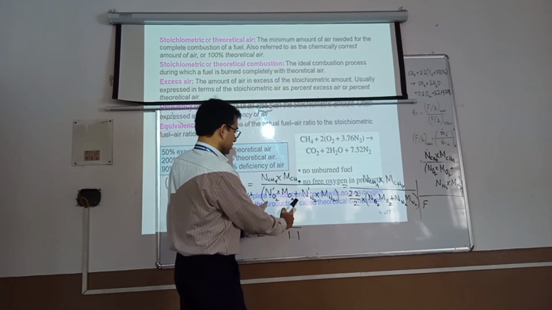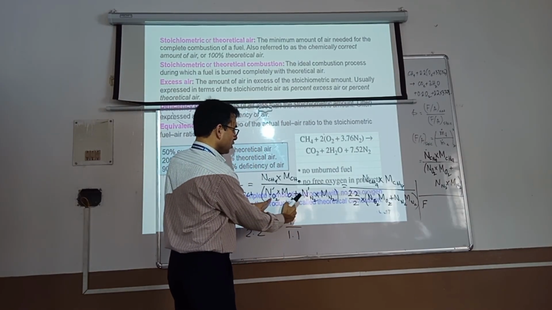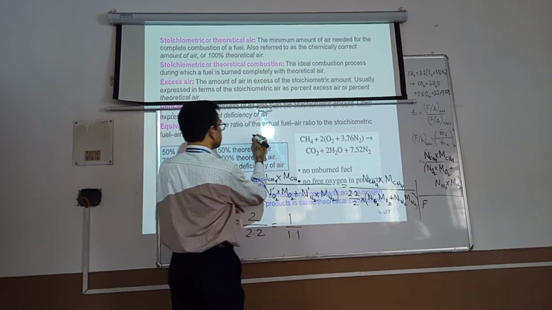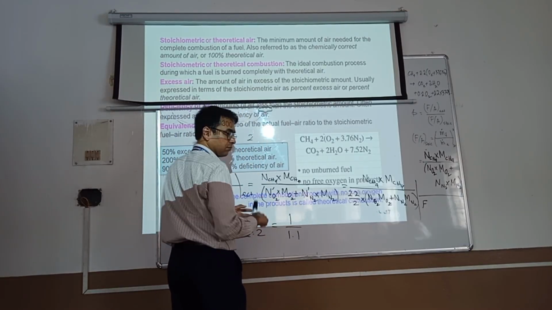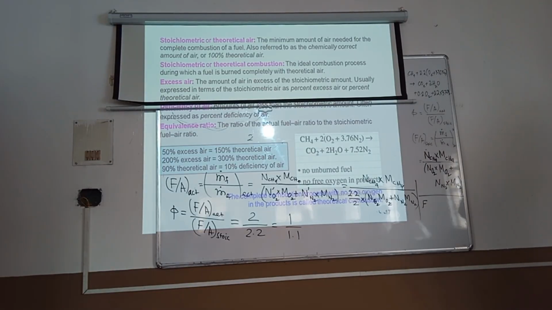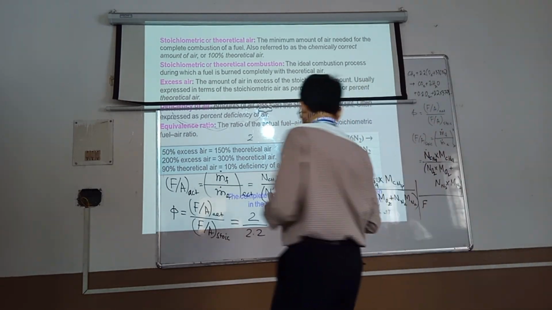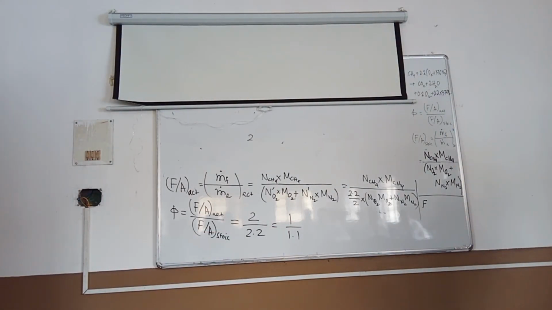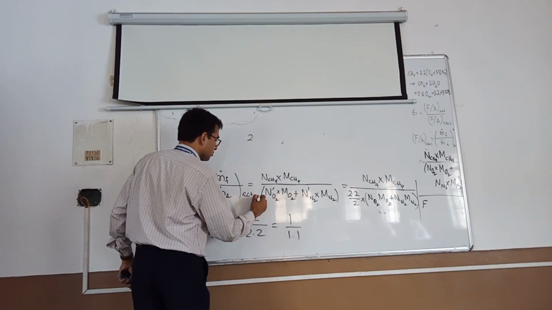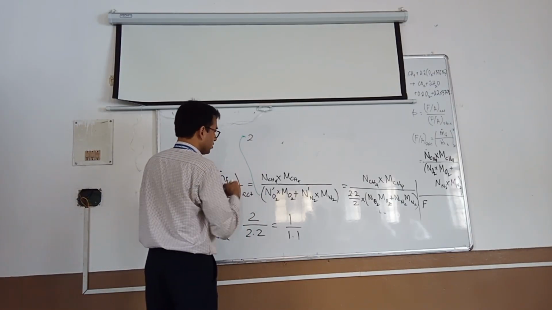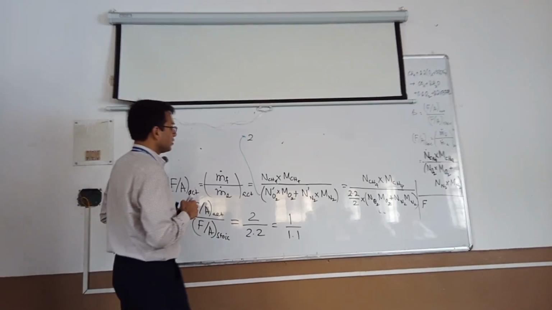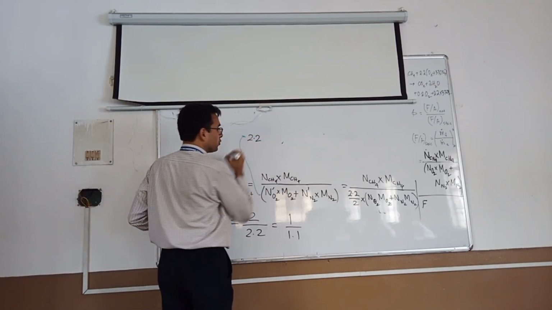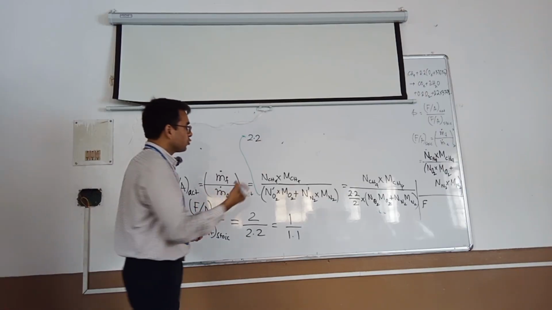What is this? This is equal to, I am writing this one. Let me write. What is this? That is equal to 2.2 A. 2.2 multiplied by what?